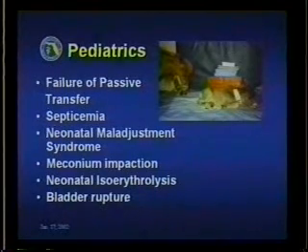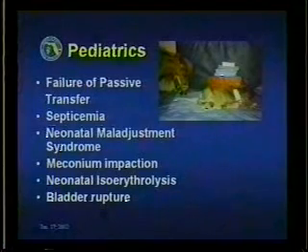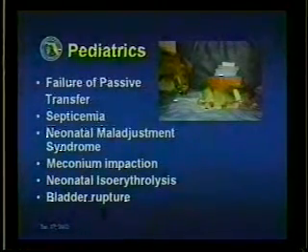So another common cause for weakness in neonates will be neonatal maladjustment syndrome, also called dummy foal syndrome, which is a result of a lack of oxygen either towards the end of gestation due to placental insufficiency, or during the birth process, which should not take more than half an hour, and in some cases where it takes longer, foals are deprived of oxygen for a fairly long period of time, which will most commonly affect the brain primarily.